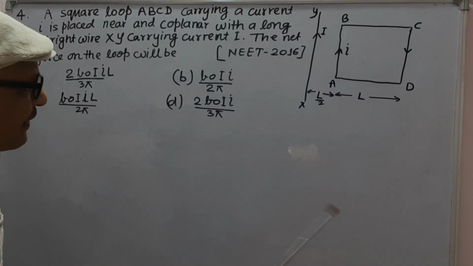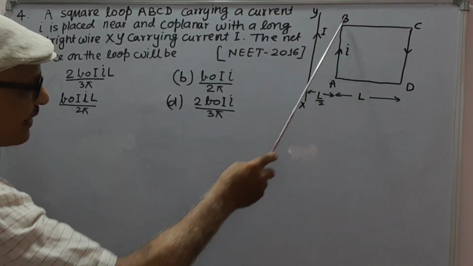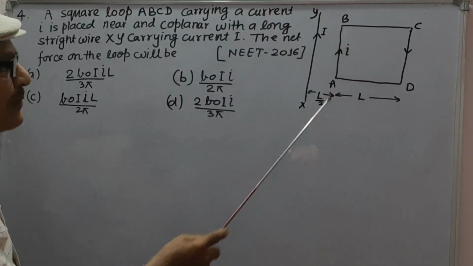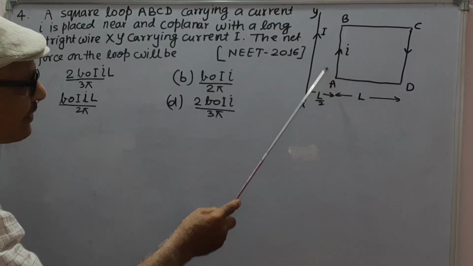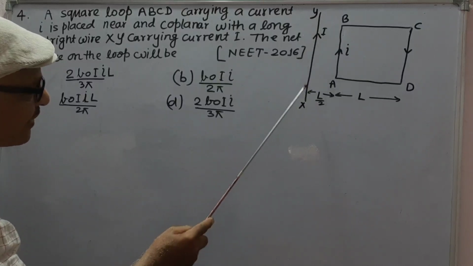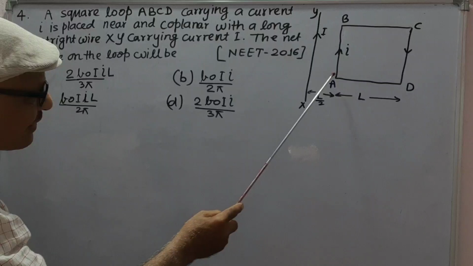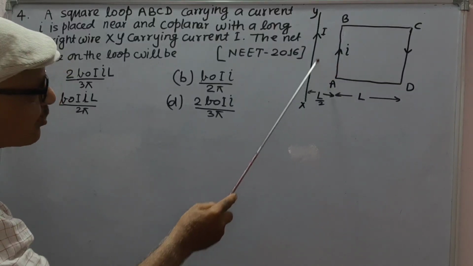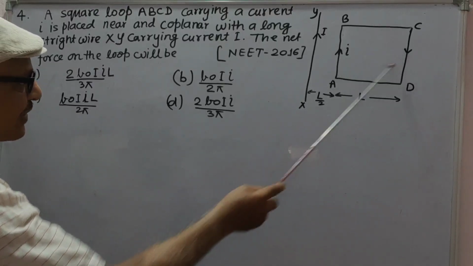Here, this is a square loop of length L on each side, carrying current small I. This is placed coplanar with a long straight wire XY which is carrying current I. The distance of side AB is L by 2 from the wire. Then we have to find the net force on the loop.